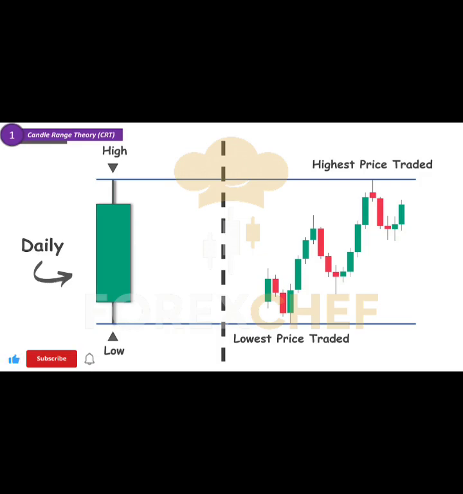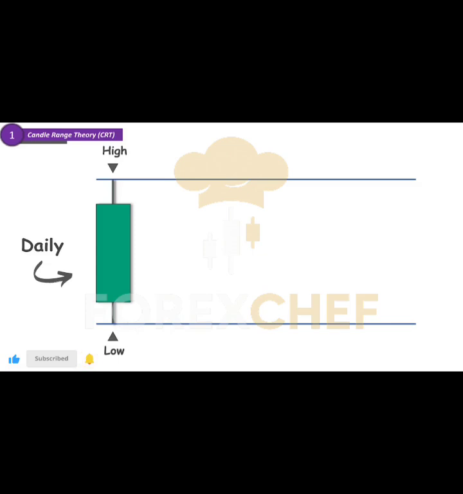So, without analyzing the lower time frames, we can identify where important liquidity levels are just by observing a single candlestick. The upper liquidity level is called the candle range high, CRH, and the lower liquidity level is called the candle range low, CRL. We can use any candle that appears on a chart, and this applies to any time frame as well. However, certain criteria help us define what makes a candle ideal to use, which we'll be covering later in the video.